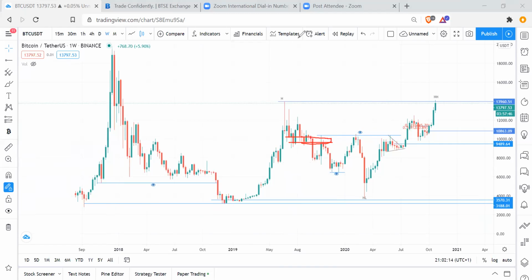Once price broke through, let me use black here. Once price broke, what happened? It came back to retest it. Did this retest go above this previous high? No. So first we have a low, a high, a lower low.